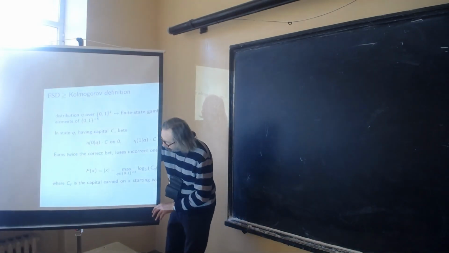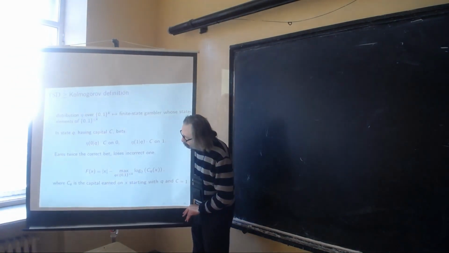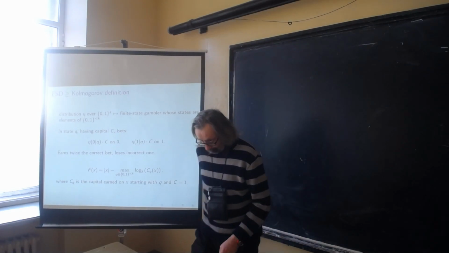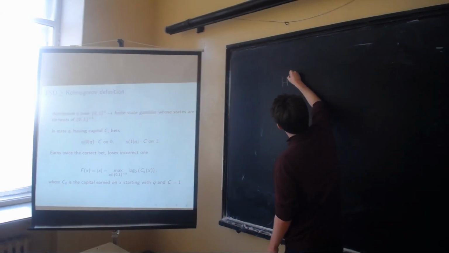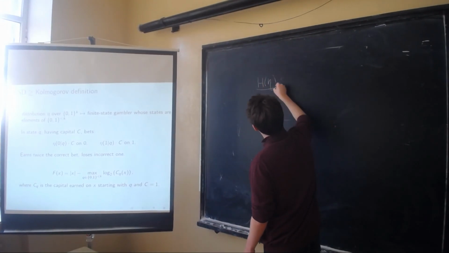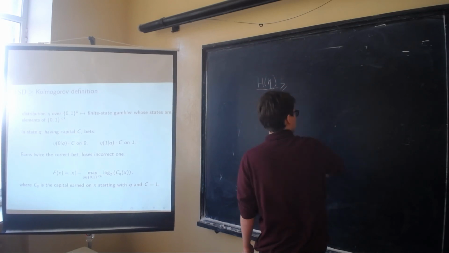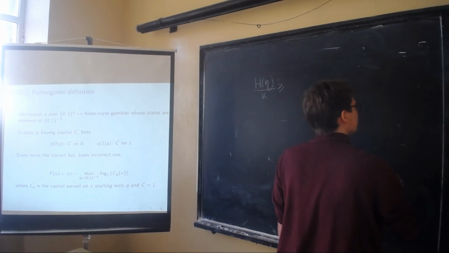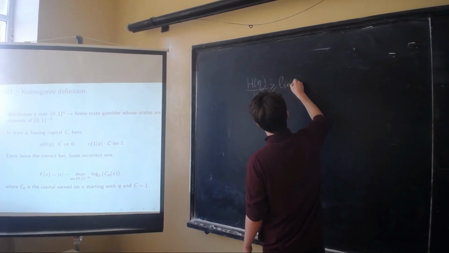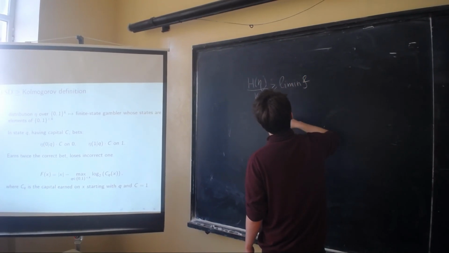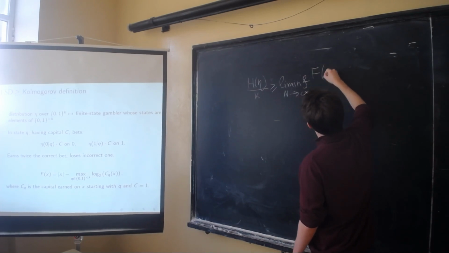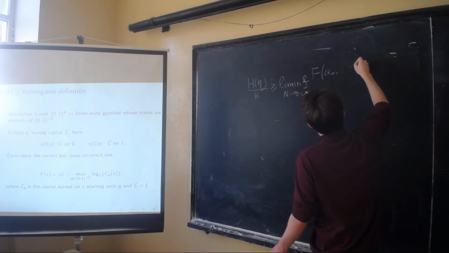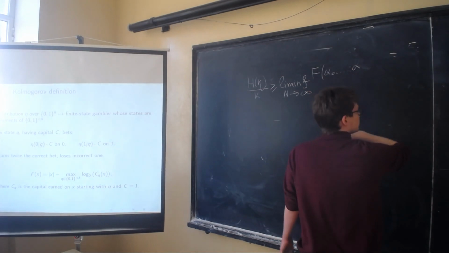So I want to define some f such that the entropy of eta divided by k is at least the lim inf, as capital N goes to infinity, of this thing. So my goal now is to transform eta into f.